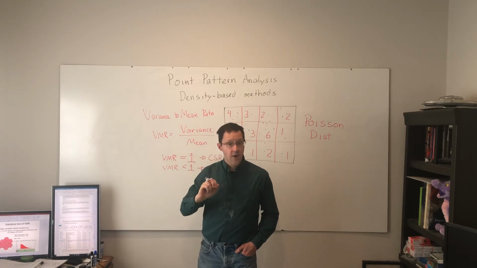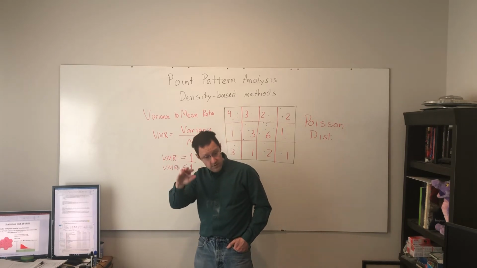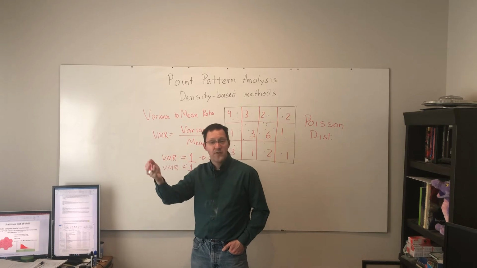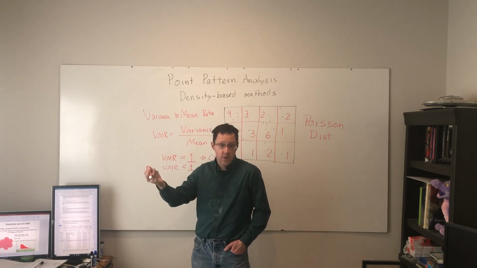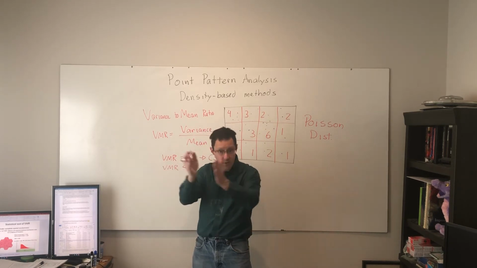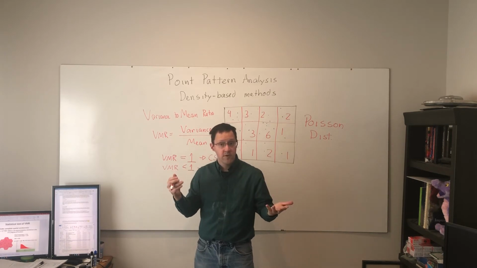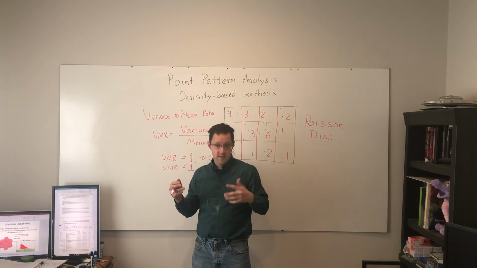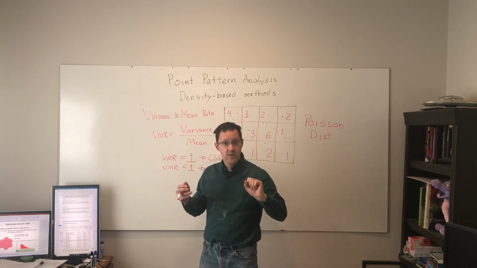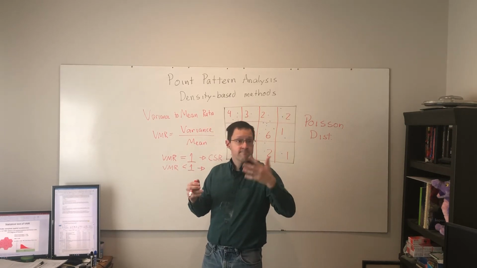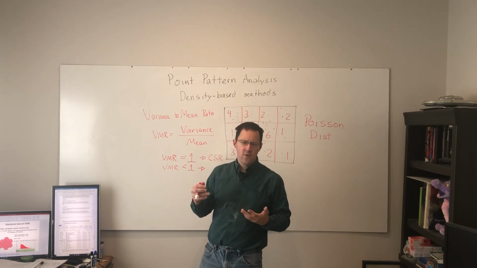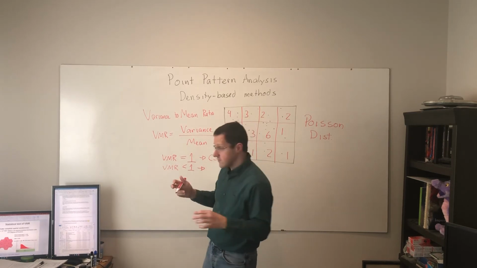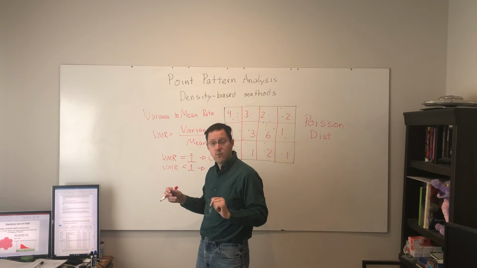Okay, if I get the variance of the number of points per cell down, that means they all have about the same number of points. That's how you reduce the variance. Make all the values more similar to each other. If I do that, that's going to be under what happens with an even distribution. If the points are evenly distributed, all the cells should have about the same number of points. And that drops the VMR down below 1.